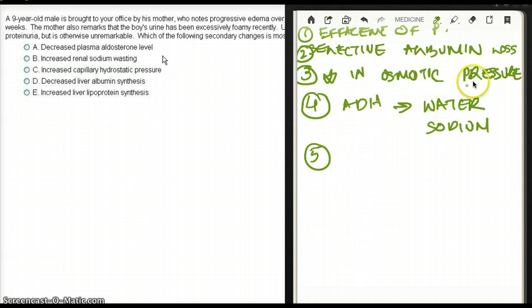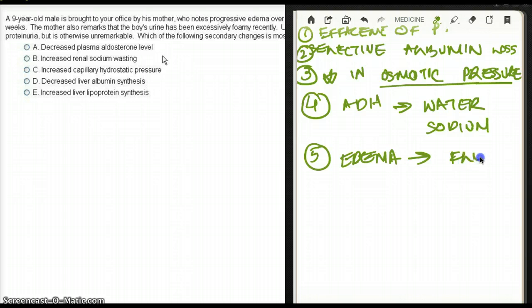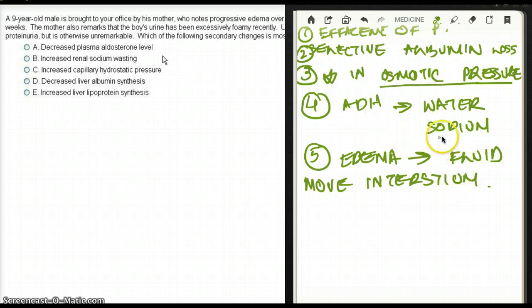Because of the lack of osmotic pressure, there is going to be edema, because fluid from the serum is going to move to the interstitium. As fluid moves to the interstitium and there's water retention, this edema is exacerbated by increased ADH in the system.